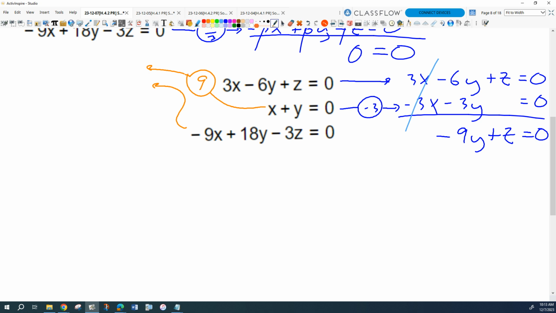So that's going to give us 9x plus 9y equals 0, and negative 9x plus 18y minus 3z equals 0.